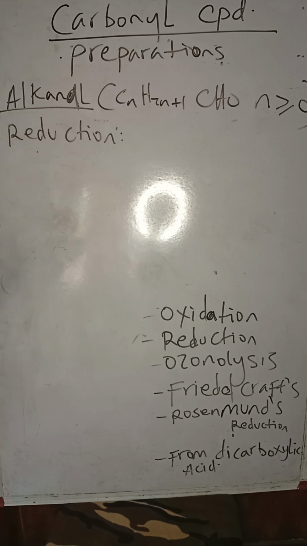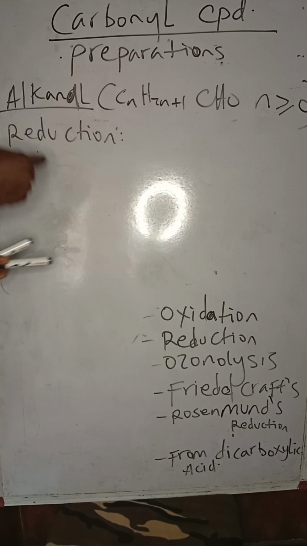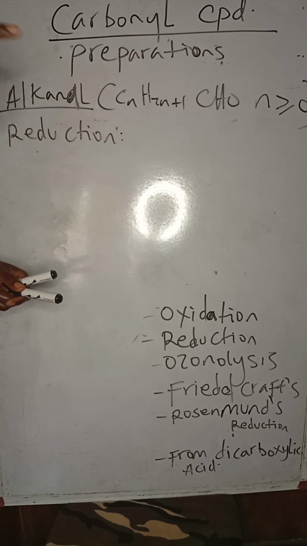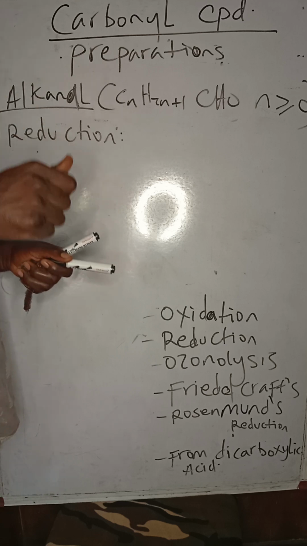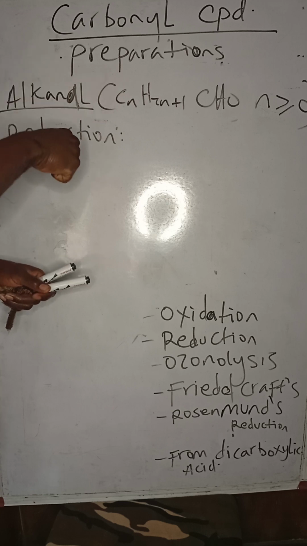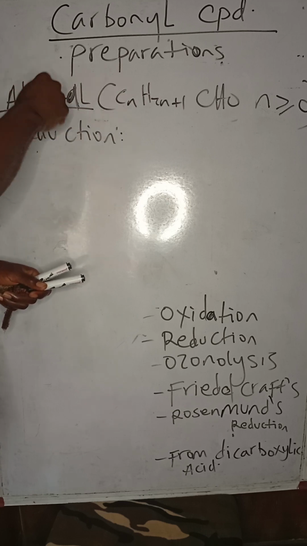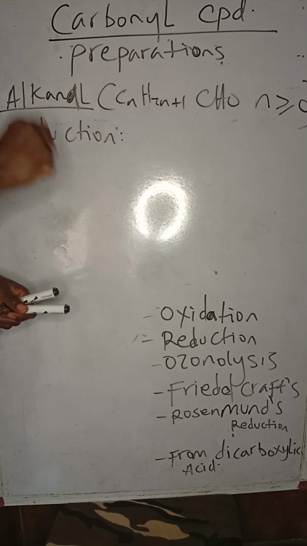Partial reduction of an alkanoic acid or alkanoic acid derivative gives you an alkanal, because if you reduce the alkanoic acid or its derivative totally, you are going to get an alkanol. So when you reduce them partially, you get alkanals.